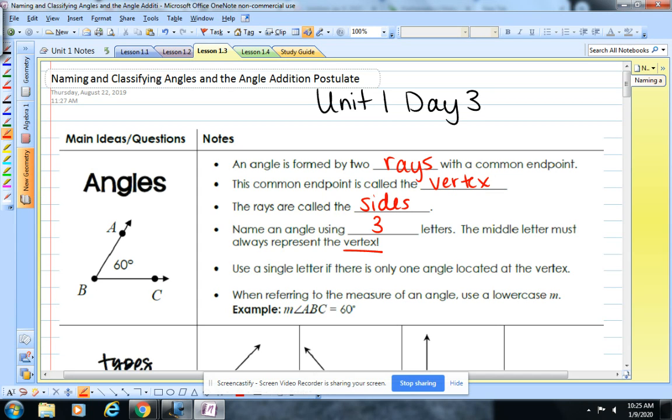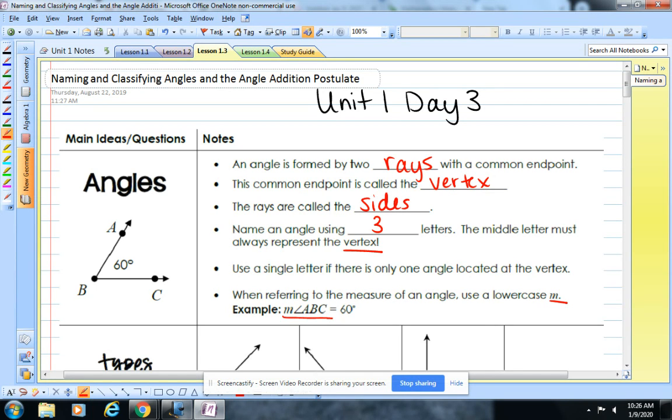All right. If you're talking about the measure of an angle, you're going to use a little m outside of the angle name. So that's something we need to add to our symbol sheet that I forgot. An m with the angle name means the measure of angle ABC, and that's talking about degrees.